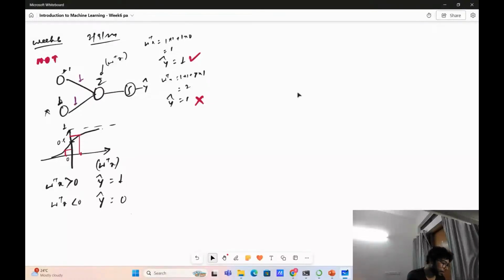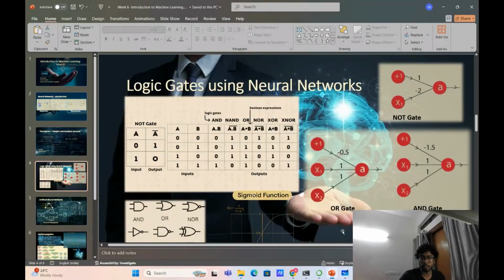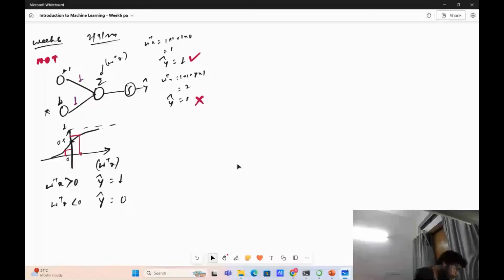So what we do is we change the weights. Instead of taking 1 and 1, let me change it to, let's say, what was given in the slide. Let's take the weights as 1 and minus 2.